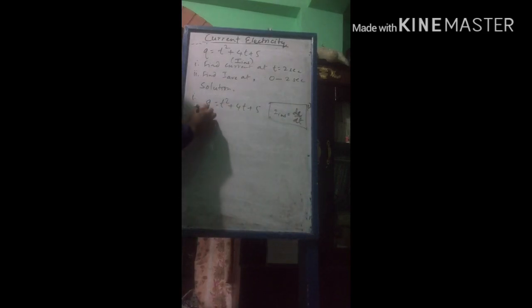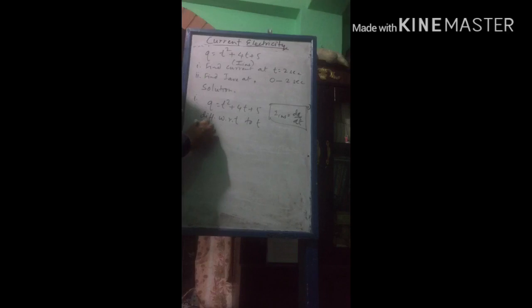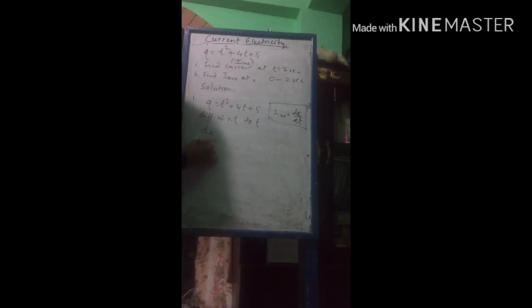So differentiating with respect to t, what will we get? dq by dt, because we have to find this. For that we differentiate with respect to t, because q is a function of t over here.